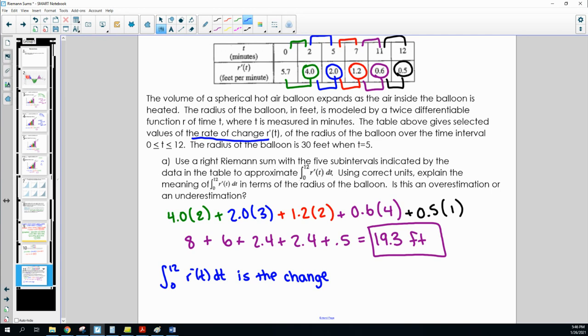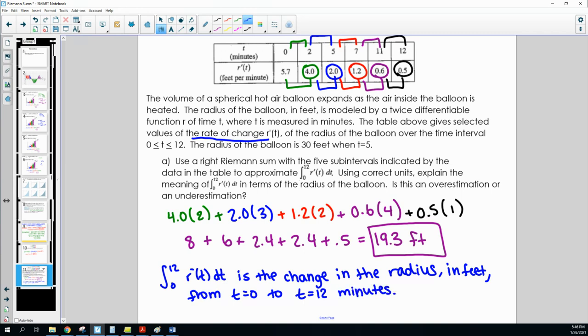So in terms of the context of a word problem, in this case, we're talking about the amount of something. So we're calculating the change in the radius, not what the actual radius is. Change in the radius, and I'm going to put in feet because it's using my correct units, from t equals 0 to t equals 12 minutes.